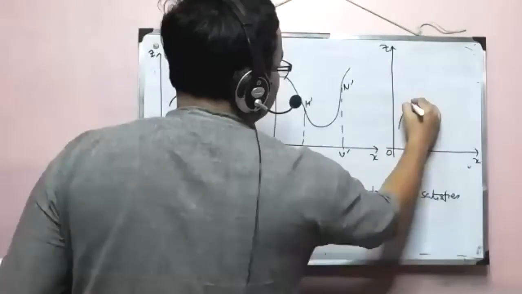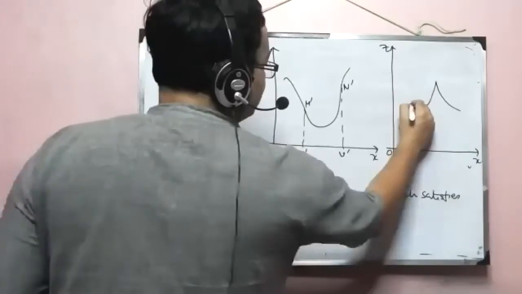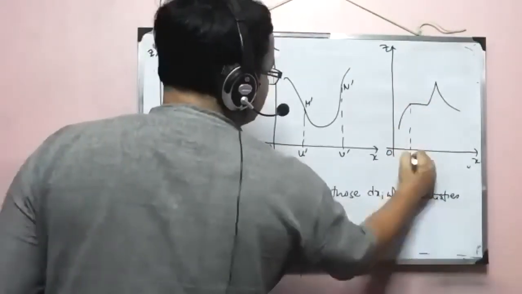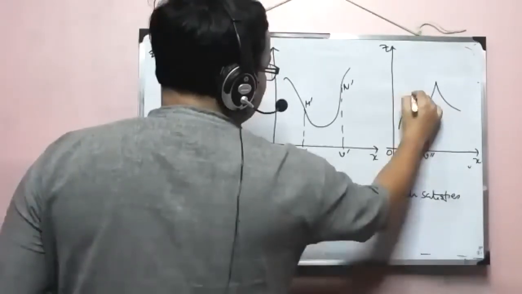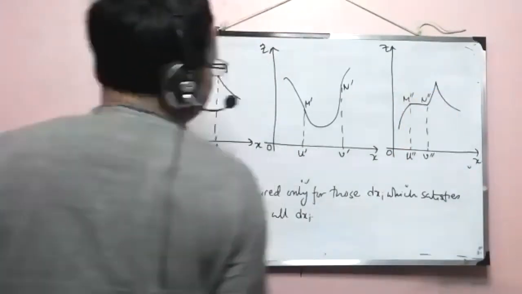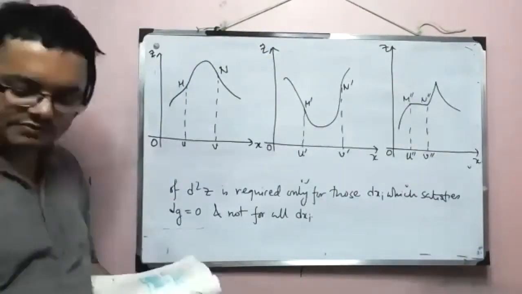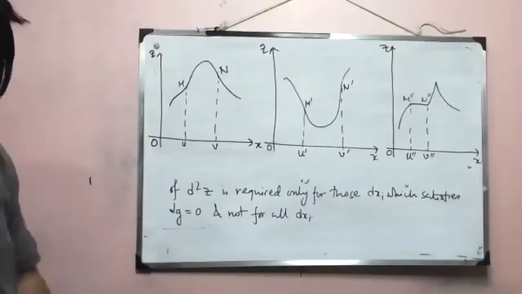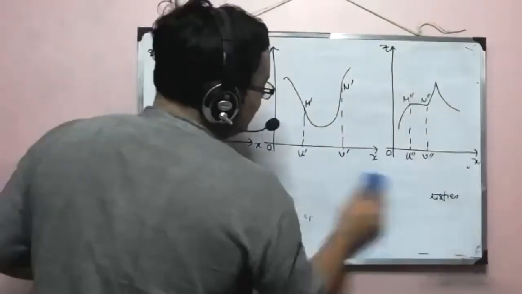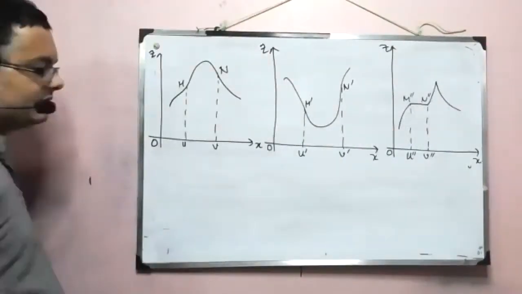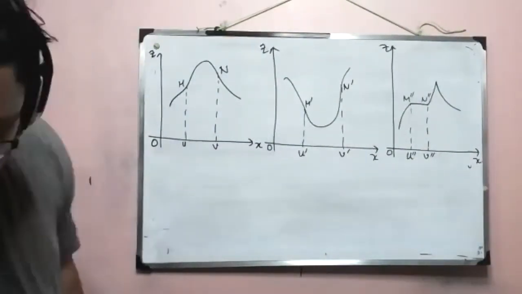In this linear section we'll have U and V double dash and then M and N double dash. These are the 3 diagrams through which, using the geometric characterization, we will identify which one is quasi-concave and which one is quasi-convex. So let's proceed.